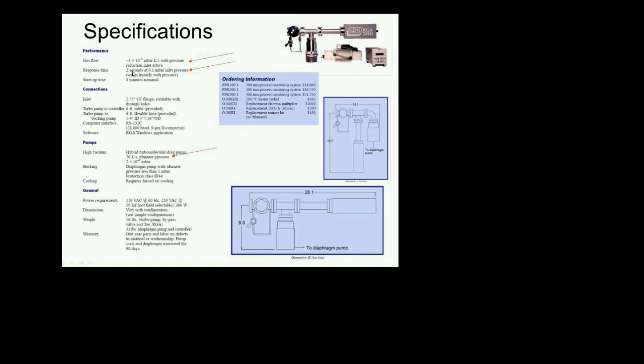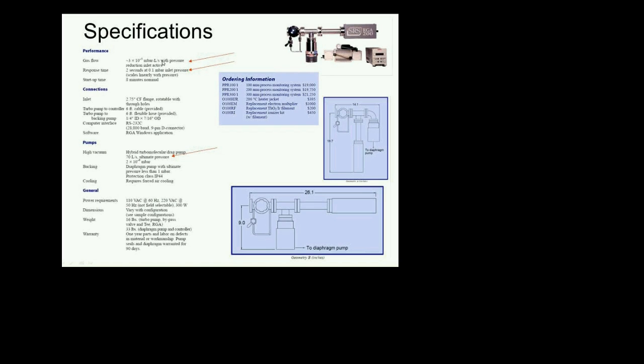In this case, they're telling you it will take 2 seconds at 0.1 millibar inlet pressure for response. What it means is that if your pressure goes up by 0.1 millibar, it's going to take 2 seconds for the system to respond. So there's a response time that goes along with it. This might be okay for you or not. The way you change that is by changing the pumping system and the diameter of the orifice.